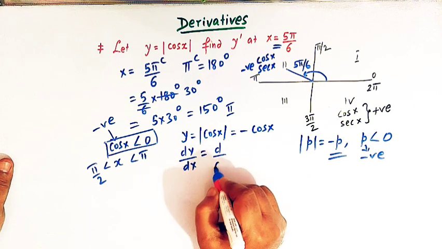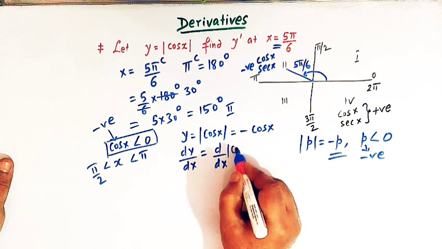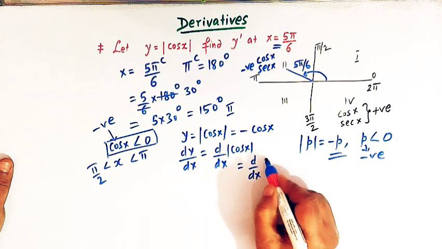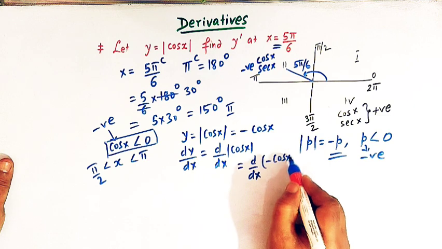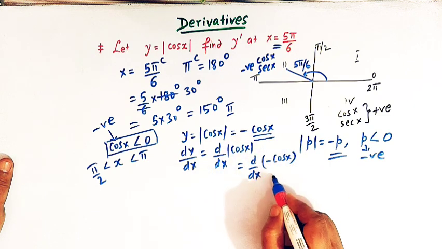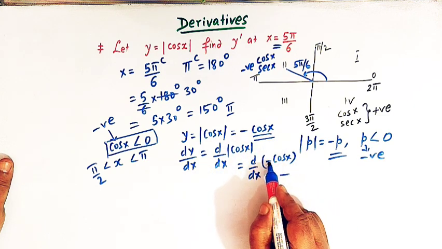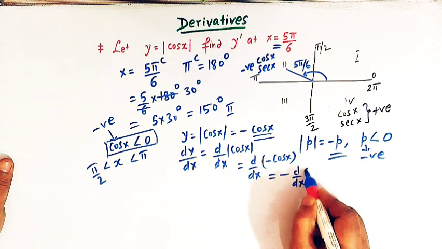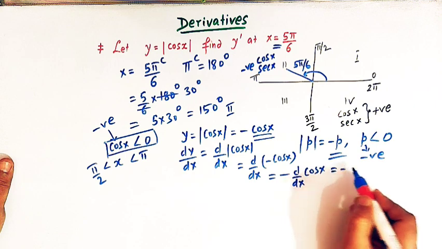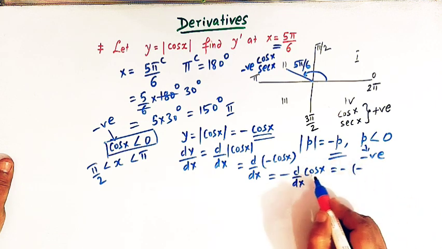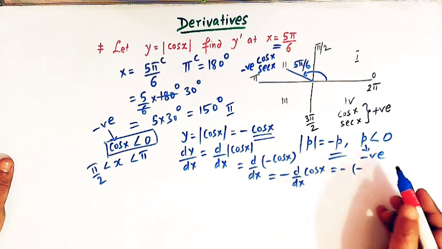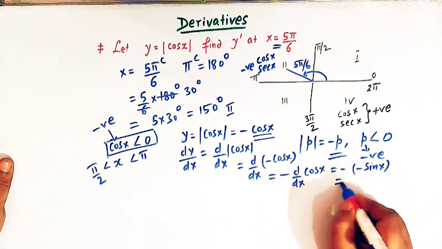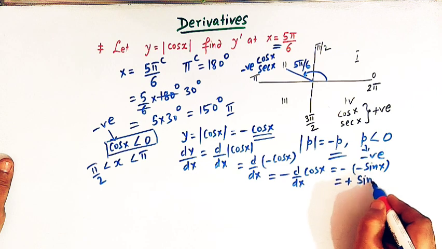So we have d by dx of mod of cos x, which is d by dx of minus cos of x. Now we have a negative sign outside this operator, so we have minus d by dx of cos x. The derivative of cosine x with respect to x is minus sine x, so this is positive sine x.